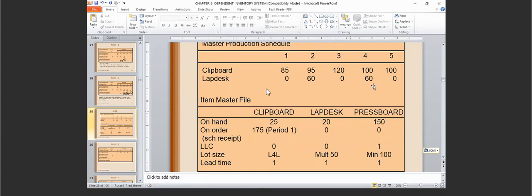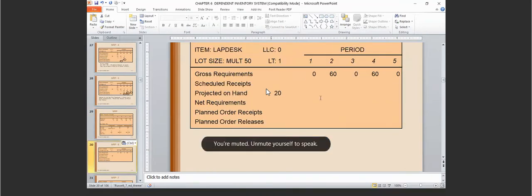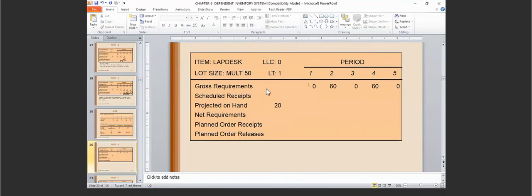So based on this basic information, we develop the MRP table. So for period 1, there is no gross requirement.